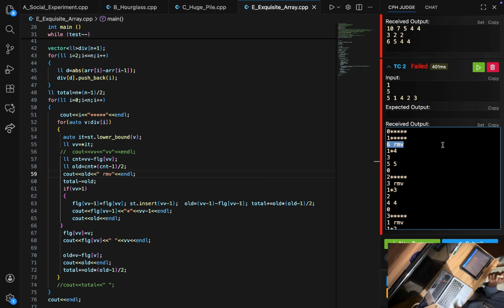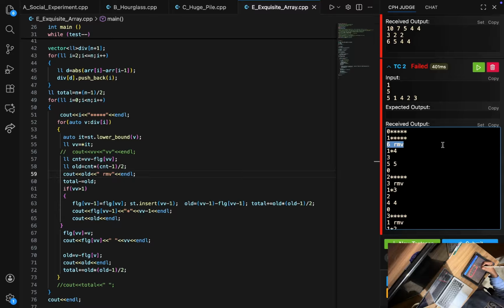Okay, total answer is 10 at the beginning. So at first I'm dividing into these chunks. For these chunks, I'm removing the value of old.